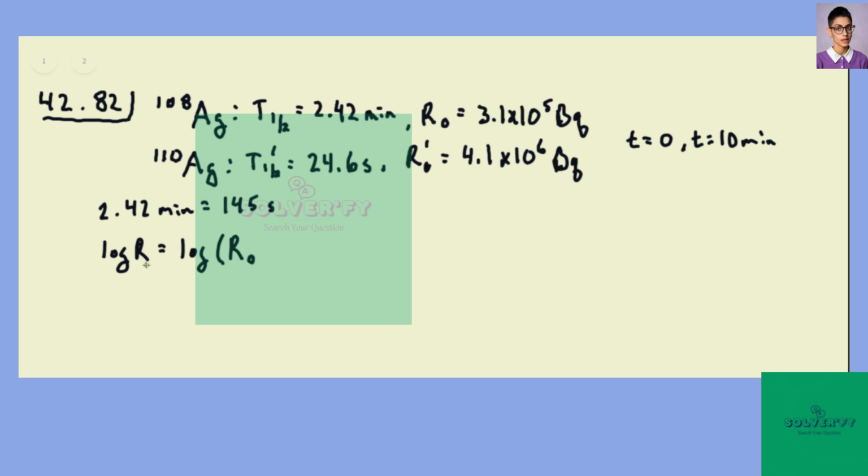Of course, when you're actually plotting it, you should not bother taking the logarithms of it. It's just going to make your life miserable. Any sort of plotting facility you want to use should have just a semi-log plotting function, and you just use that directly. So r naught e to the negative lambda t plus r naught prime e to the negative lambda prime t.